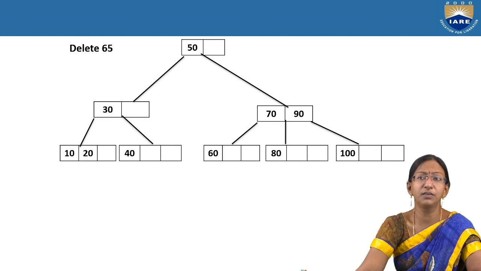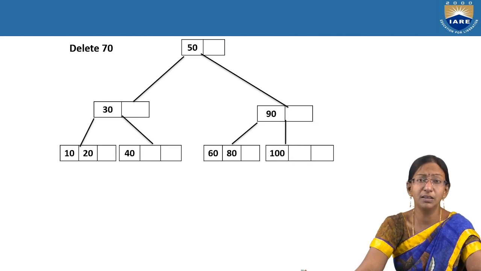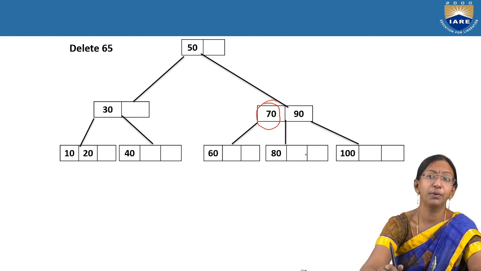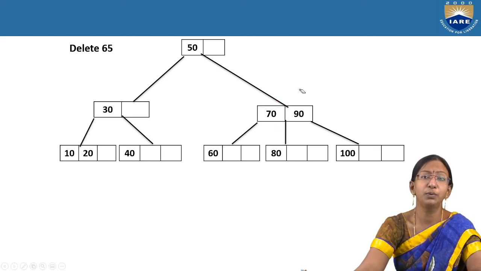So delete 65. If you delete 65, no problem, it is balanced. What if you delete 70? When you delete 70, have a look at the previous one. If you delete 70, what will happen? When we do that, we need to merge because neither left nor right can send its value.